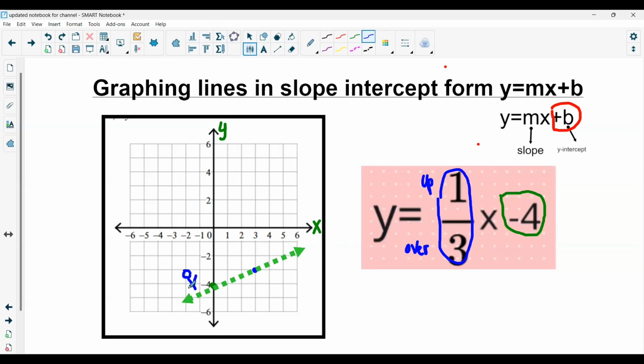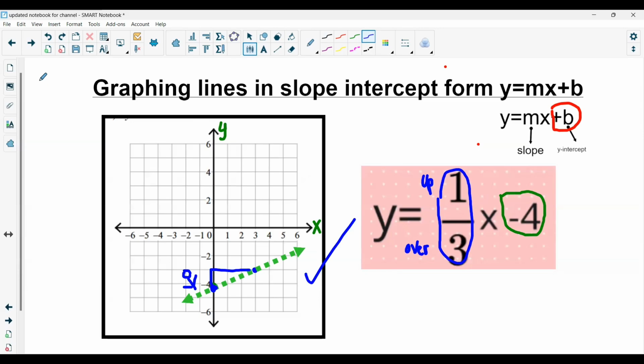Yes, he is. So my slope is positive. Now let's see if it's right. Our y-intercept is -4. So on my y-axis, I'm on -4. From this point, I'm going to count up 1, and over 1, 2, 3. My slope is 1 over 3. Our line is now graphed.